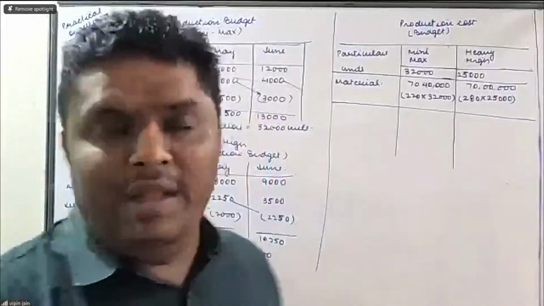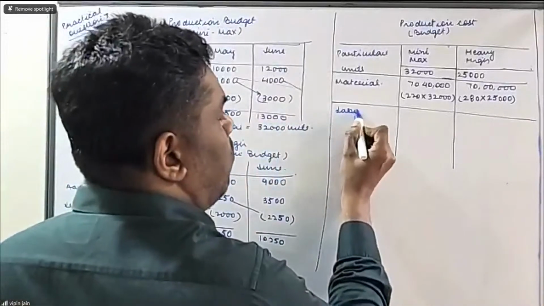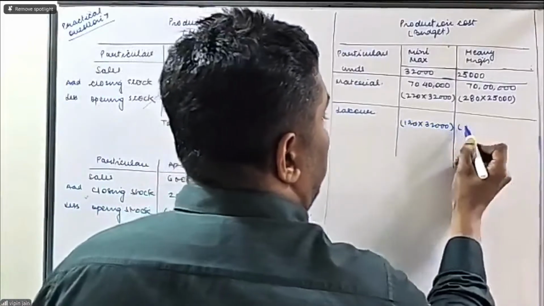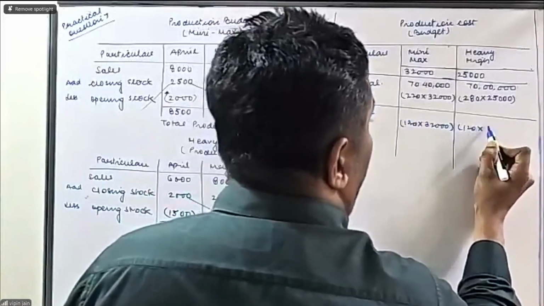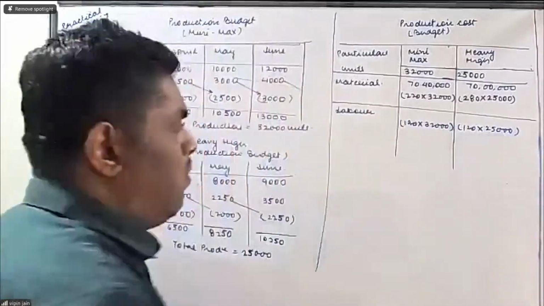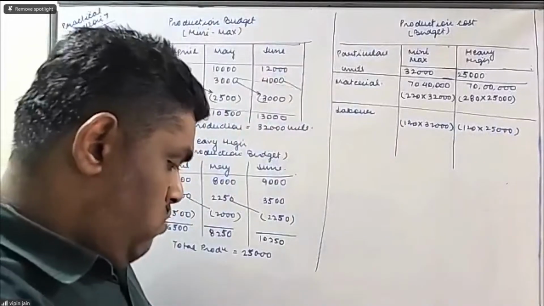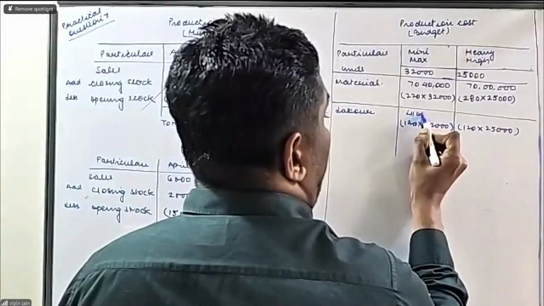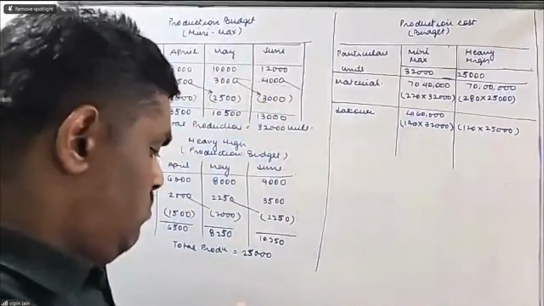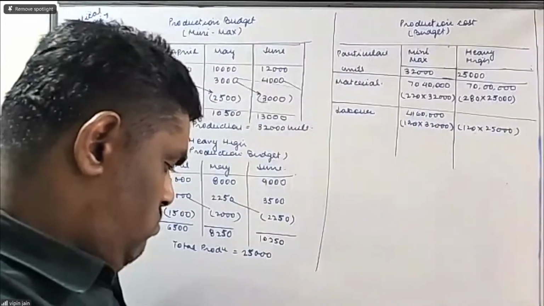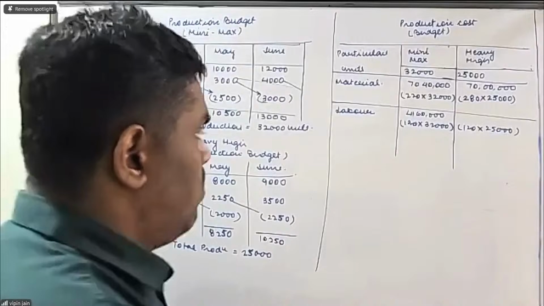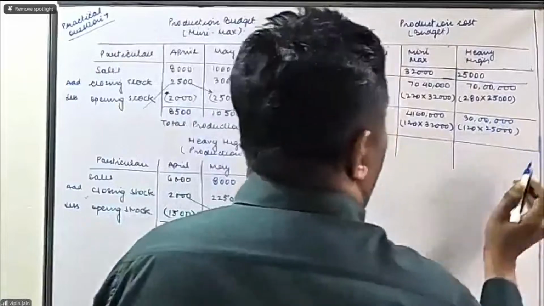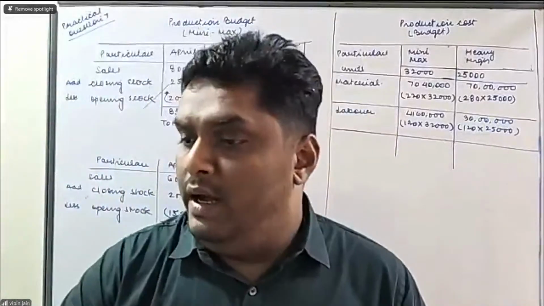Next is labor cost, that is 130 and 120. And last is manufacturing overhead.